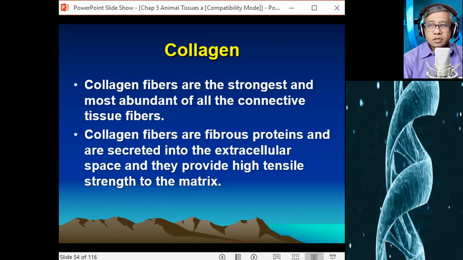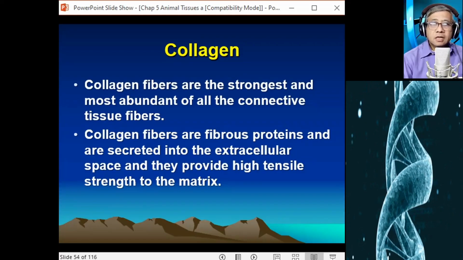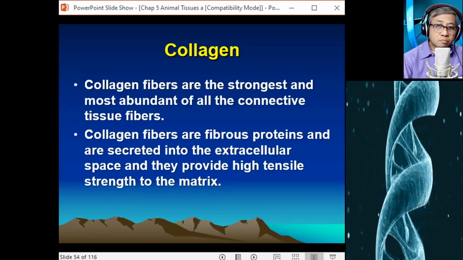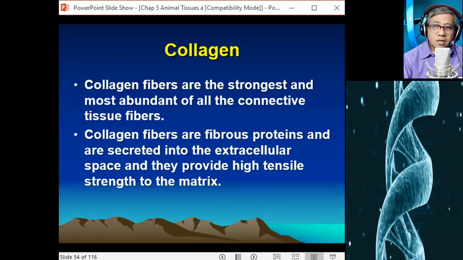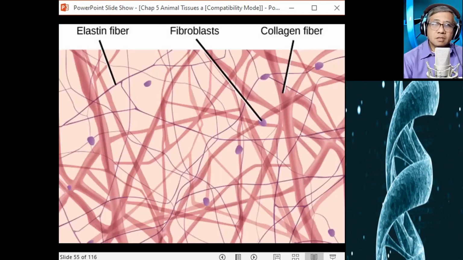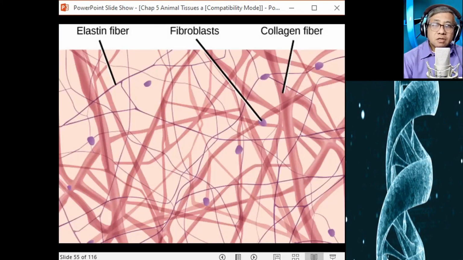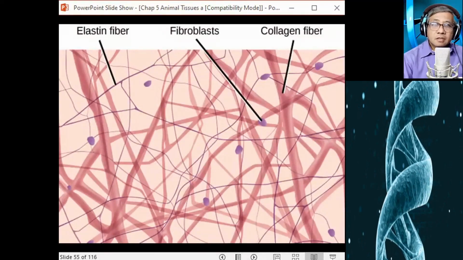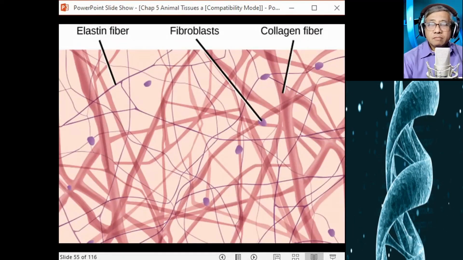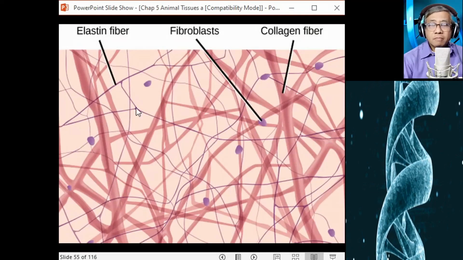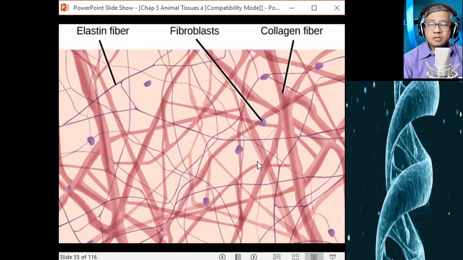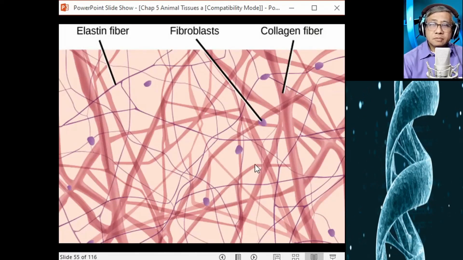Collagen fibers are fibrous proteins and they are secreted into the extracellular space and they provide a high tensile strength to the matrix. As you could see in this photo micrograph, collagen fibers are somewhat thick. These red fibers, those are the collagen fibers.